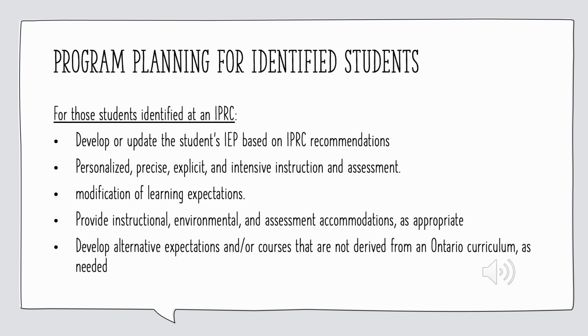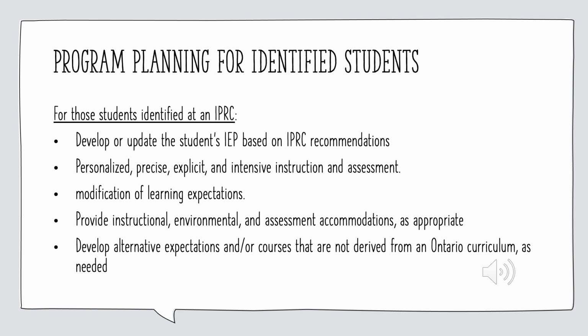Once assessed and identified at an initial placement and review committee meeting, or IPRC, all recommendations are to be included in the child's IEP. Instruction is to personalize the learning needs of the child, as well as being precise, explicit, and intensive as required.